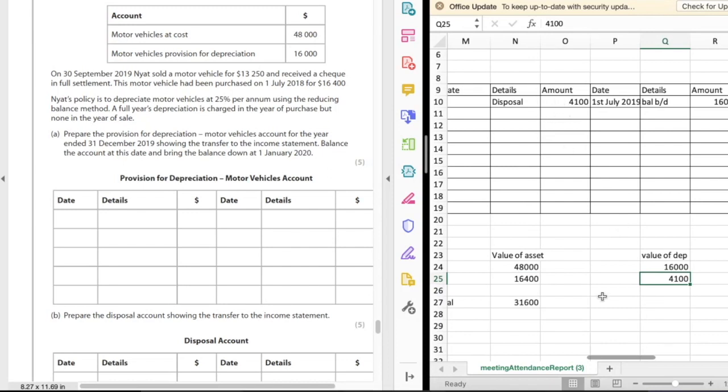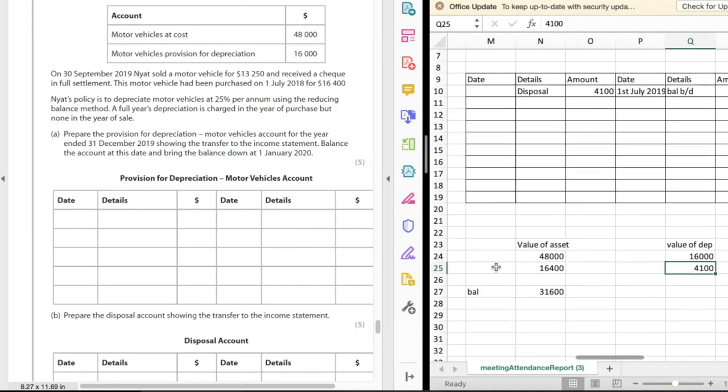What we need to remember is that whatever asset was sold, this asset's value will be deducted from the total assets, and the remaining assets will be this much. In the same way, the value of the depreciation was this much, and the value of the depreciation of the asset which was sold was this much. So we have to get the current value of the depreciation, which is this minus this.